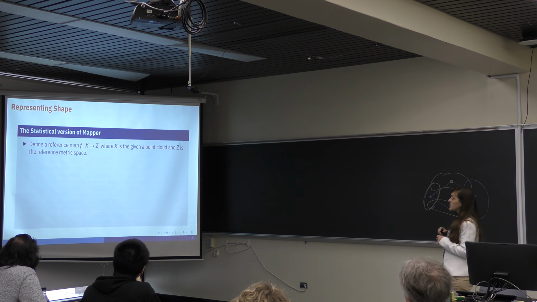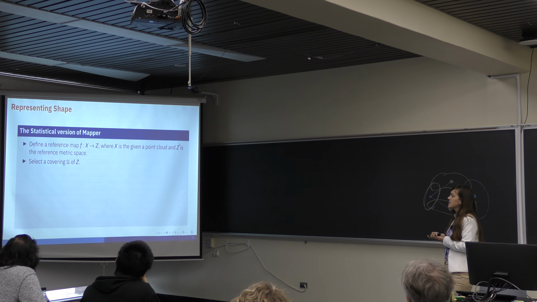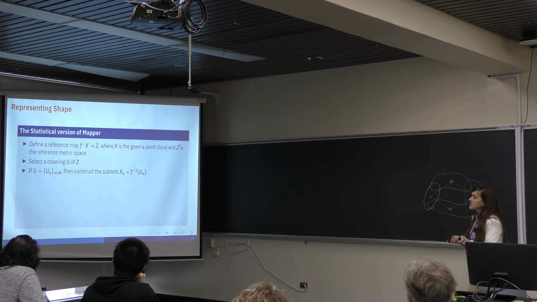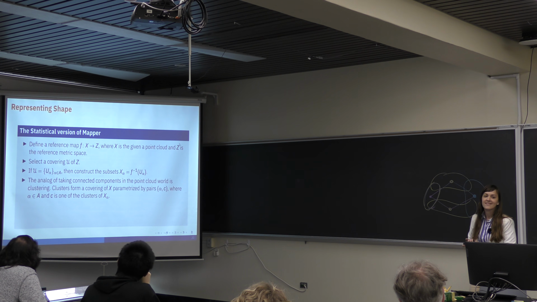So in this situation, our X is a finite metric space and Z is still the reference metric space, and we have a map going from X into Z. Then we proceed just like before: we pick a covering for Z, and then we look at the pre-images. And now, a question for the audience: what happens if we take connected components of pre-images?